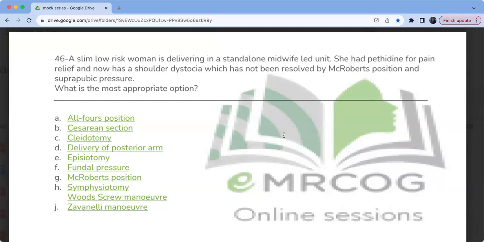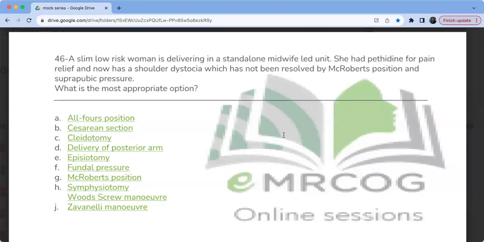There is a line in the guideline that says for a slim, mobile woman without epidural and with a single midwifery attempt, all four position is probably more appropriate, and clearly this is a useful option in a community setting.